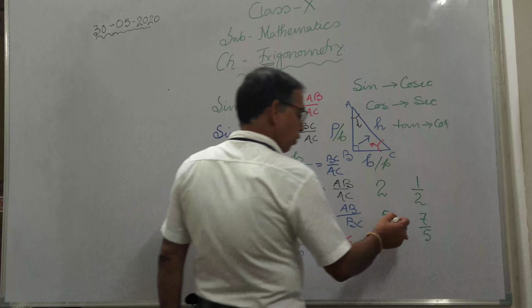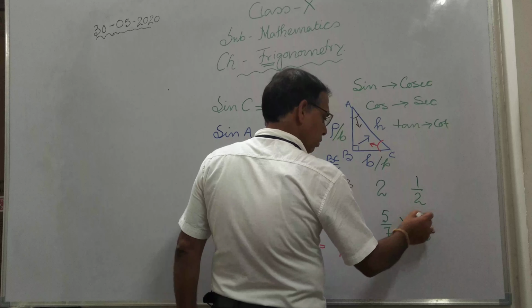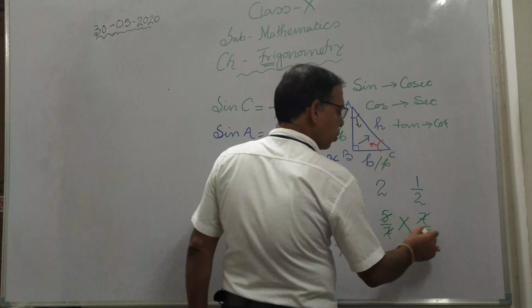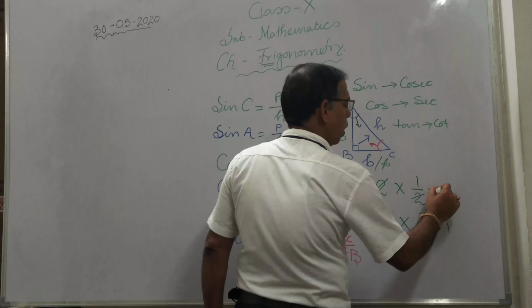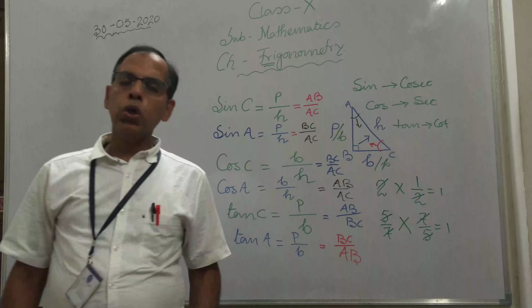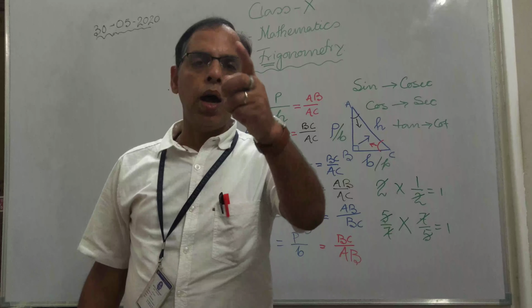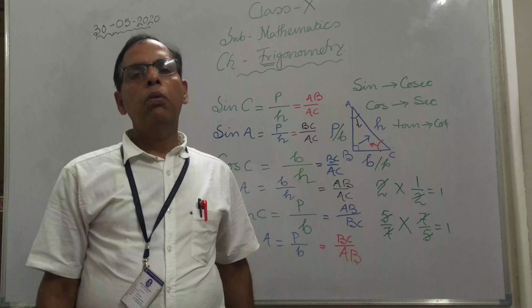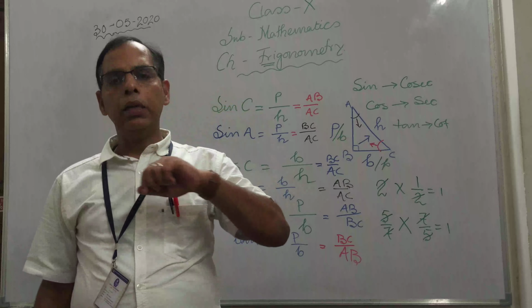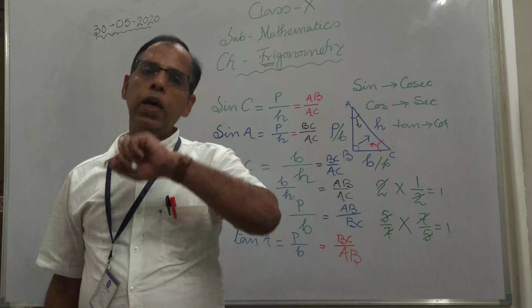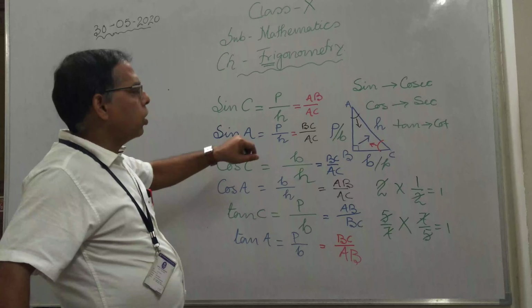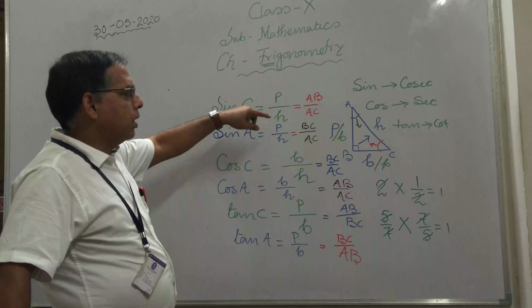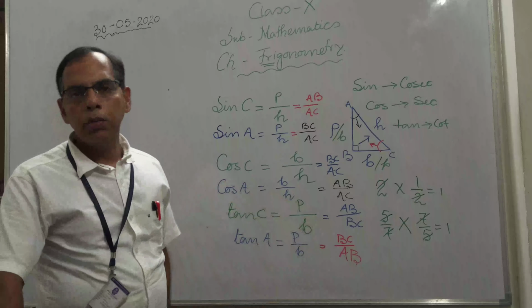Means what? If you multiply, the product is 1. So if the product of two numbers is 1, then each is the reciprocal of the other. That means if you multiply sine and cosec, AB by AC into AC by AB, ultimately it will be 1.